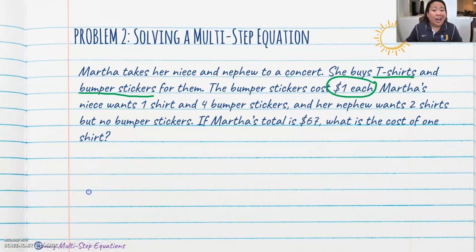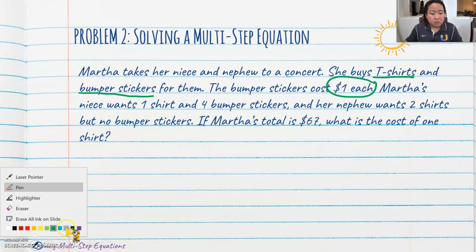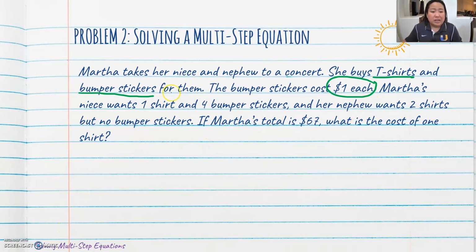The niece wants one shirt. Do we know the cost of the shirt? We do not know, but we can represent it as our variable x. So Martha's niece wants one shirt, so 1x, plus 4 bumper stickers. That's going to be x plus 4.